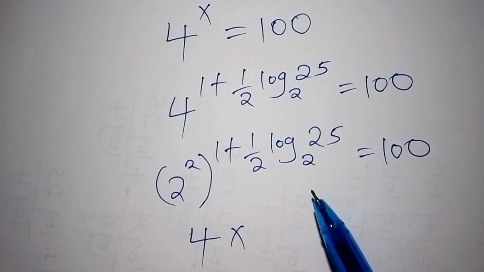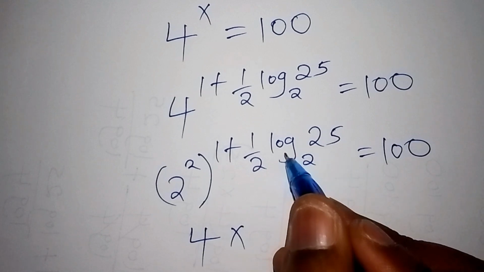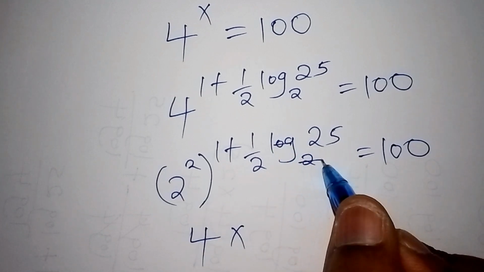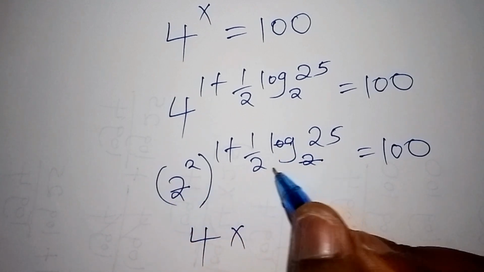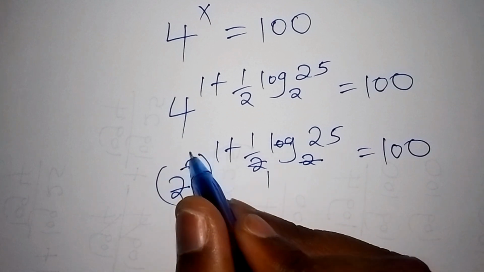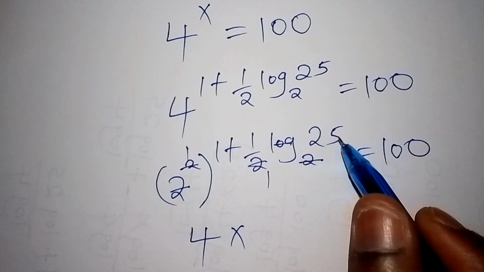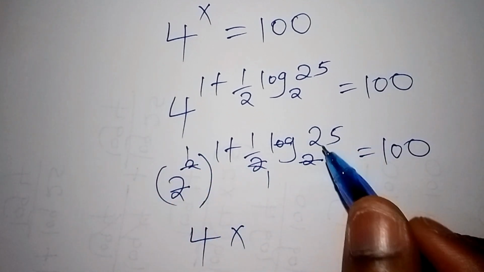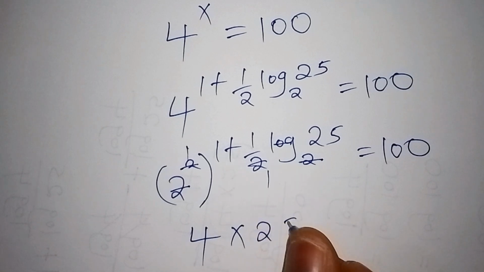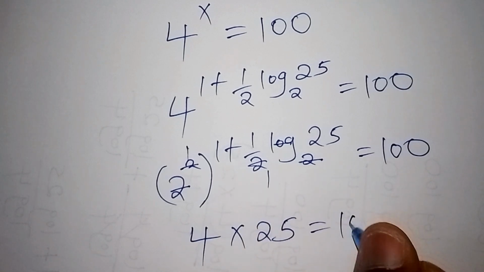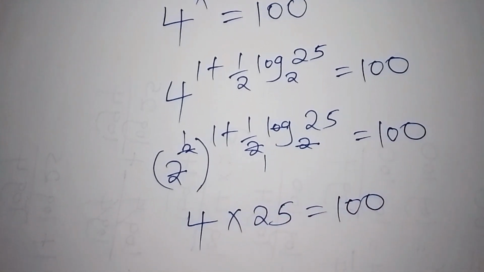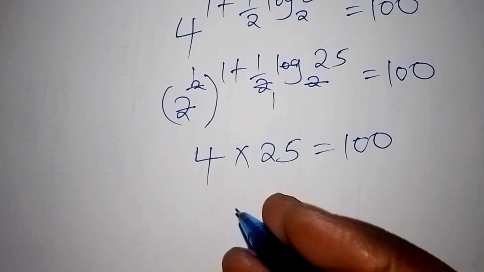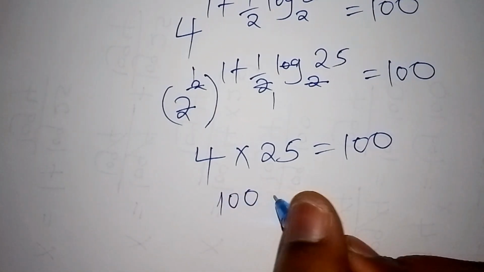The log to the base of 2 cancels with this other 2. Then 2 into 2 is 1. So we have 4 multiplied by 25, which is equal to 100.